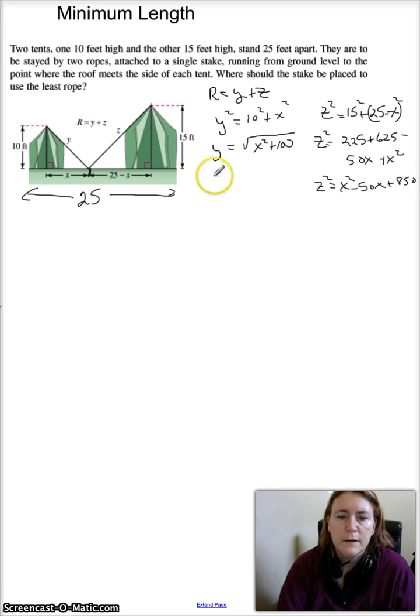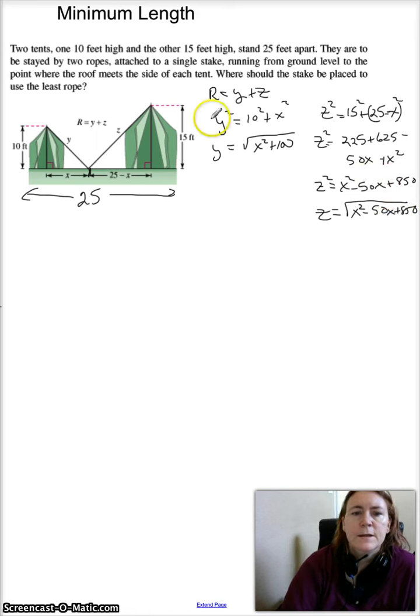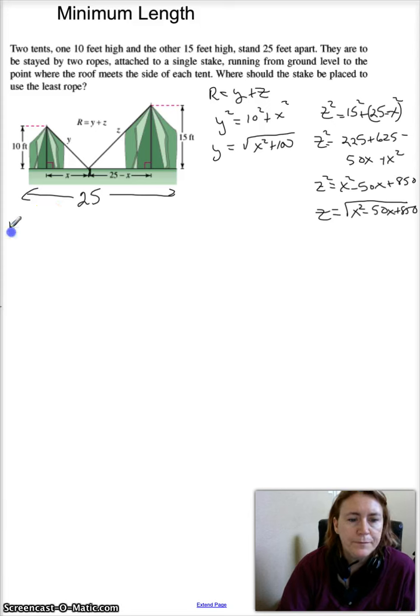So I'm going to come over here. I have x, I have y, and now I have z is the square root of x squared minus 50x plus 850. All right, so let's rewrite my R equation.